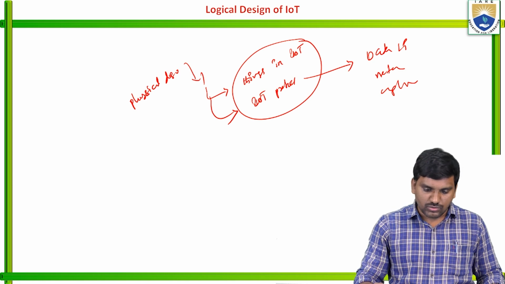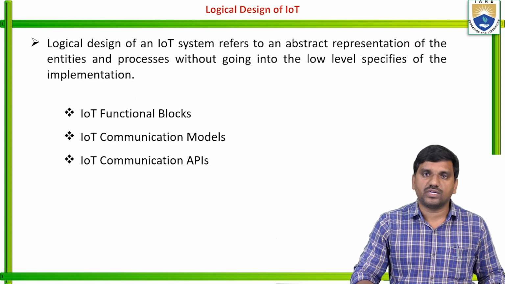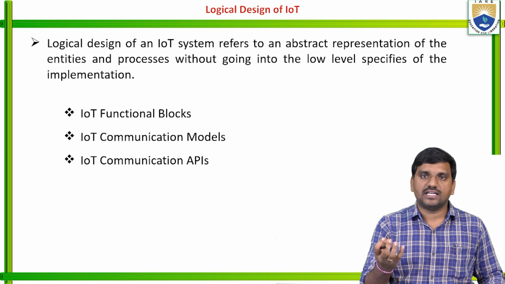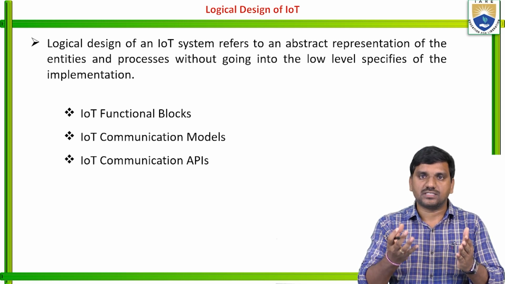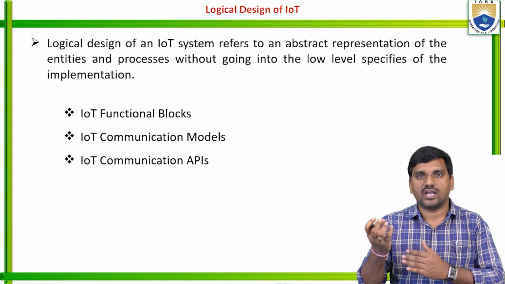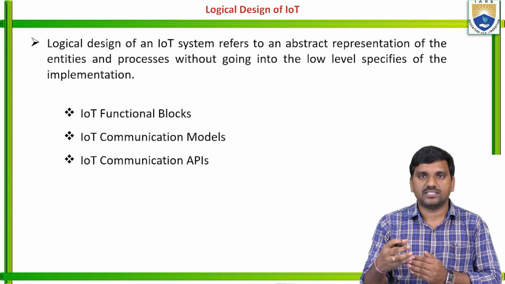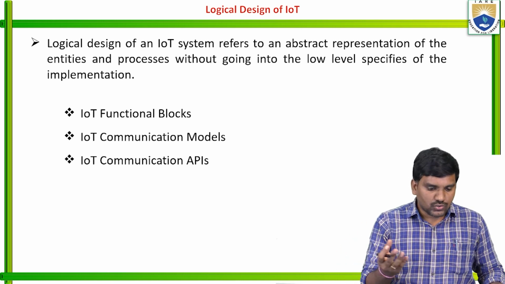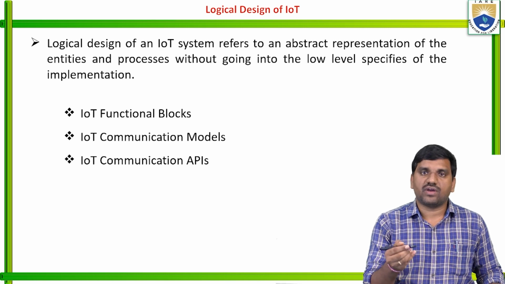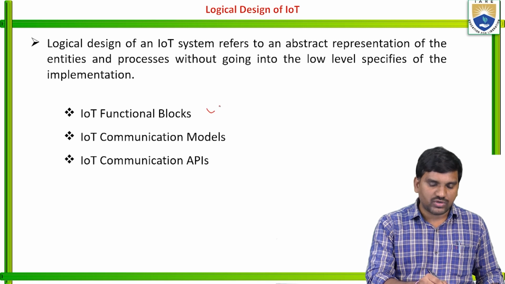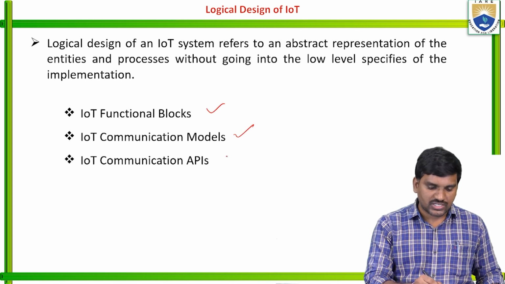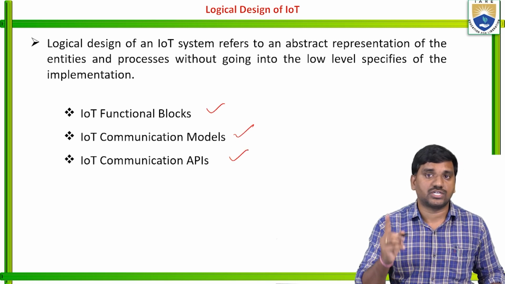So now I move on to the logical design of IoT. Basically, the logical design of IoT applies logical expressions on the devices. Here the logical design of IoT consists of 3 types of blocks: IoT functional blocks, IoT communication model, and IoT communication APIs.